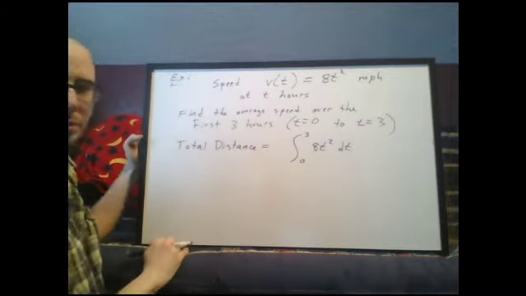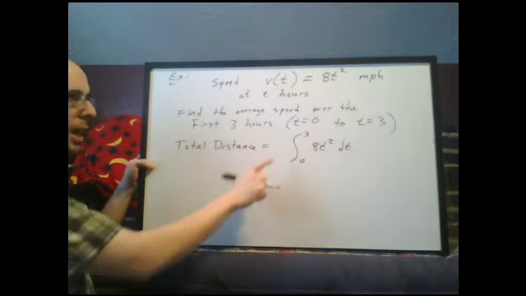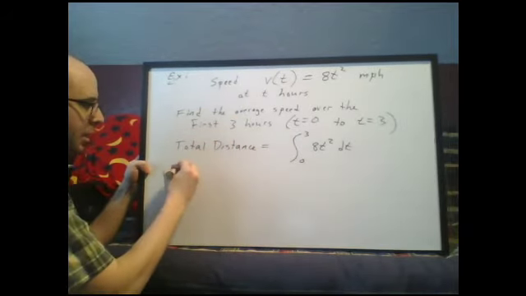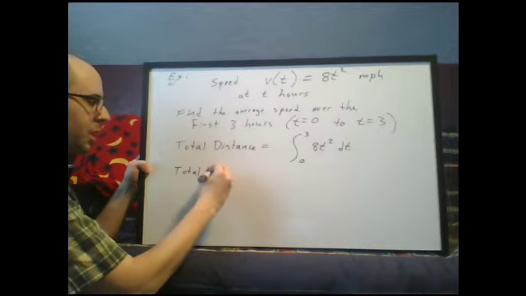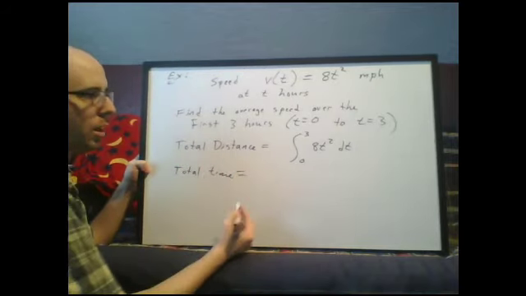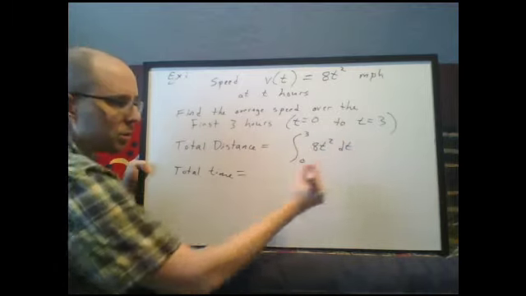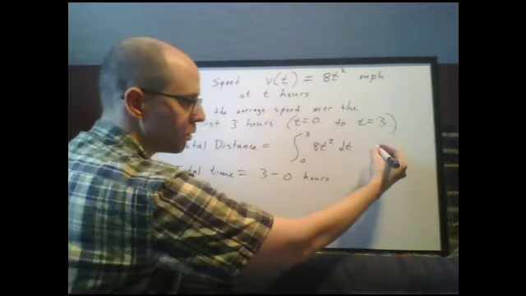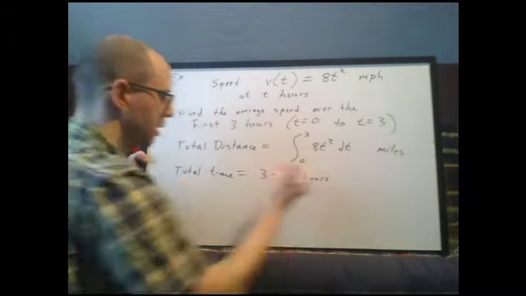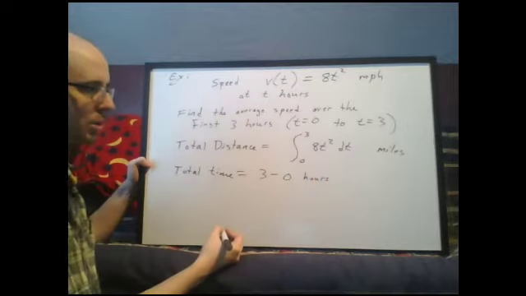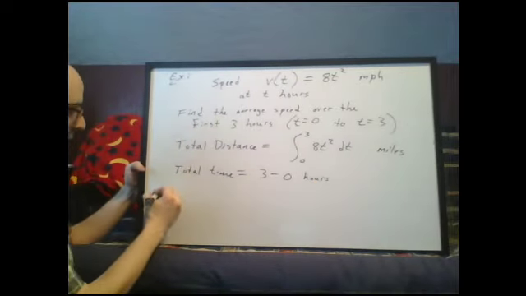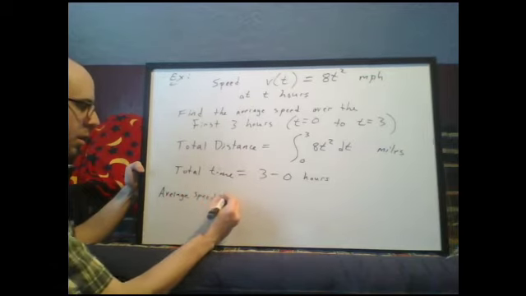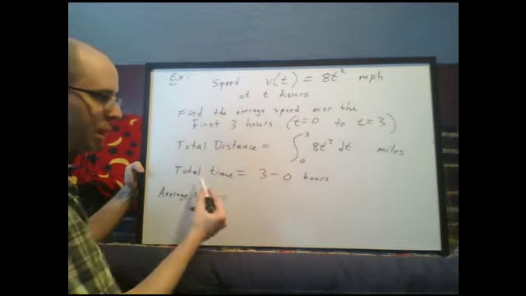Okay, so we'll carry out that integration in a second, but once I get that integral, that would give me a total distance. I want average speed, so I need to figure out what is my total time. Well, I'm going from t equals 0 to t equals 3, so that's 3 minus 0 hours. So this would give me miles here on the integral. My total time would be 3 minus 0 hours. So that's 3. So my average speed would be my total distance divided by my total time.